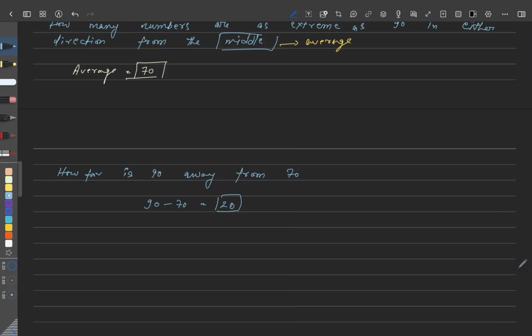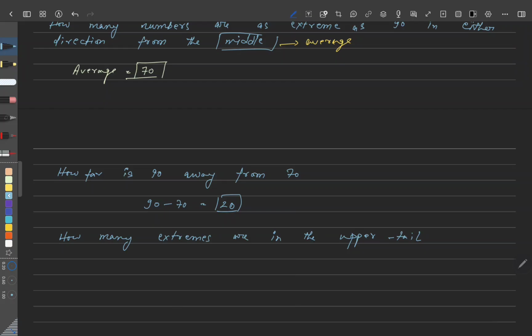So how many extremes are in the upper tail? Which means greater than or equal to 90, as extreme as 90.